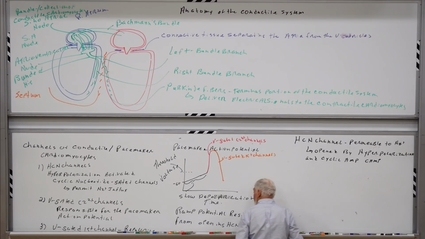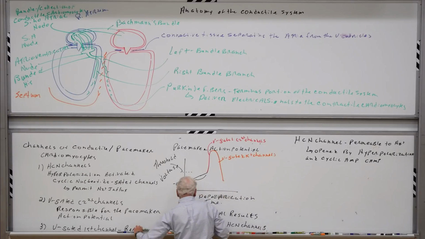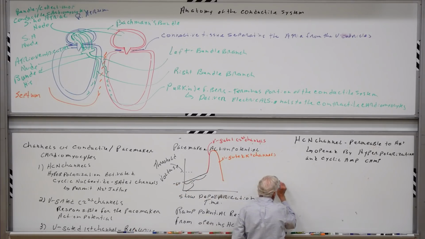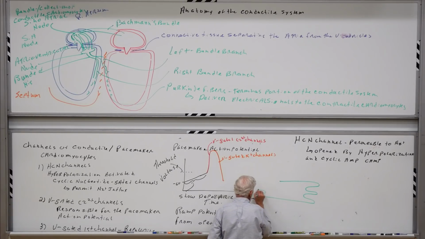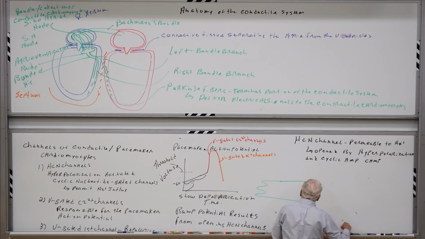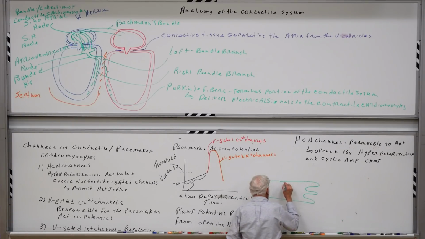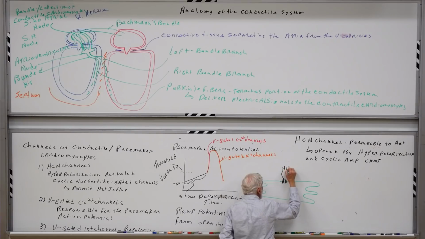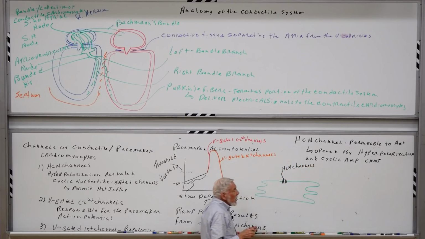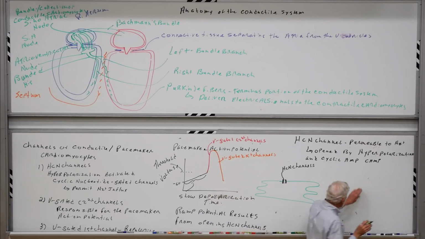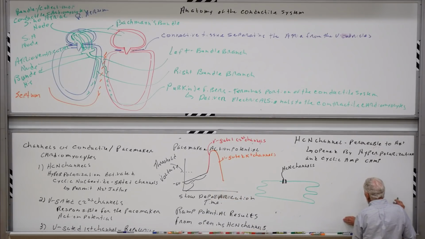If we go back and draw one of these cardiomyocytes, then there are transmembrane proteins here called the HCN channels. The HCN channels are actually made of 4 subunits.